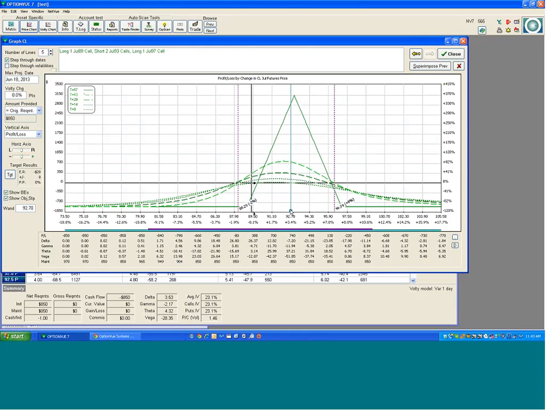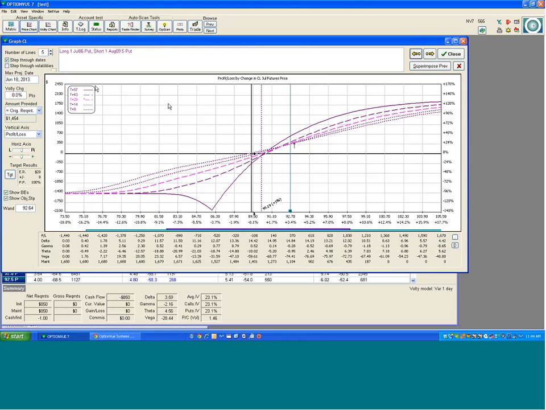We could put this butterfly using strike prices further away if we wish, but this one is targeting a range in the neighborhood of, say, 91.10 to 92.70. That's where the optimal profits are. On the reverse diagonal put spread, anything above 92.70 is where you're going to really start to make big money.